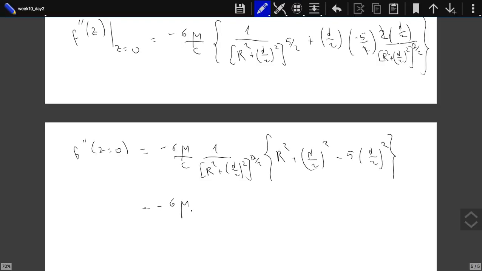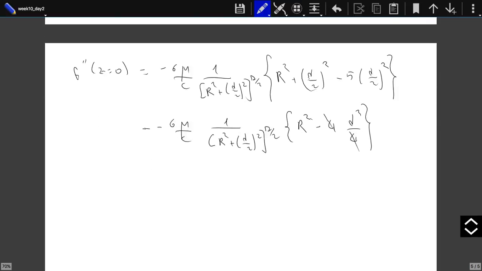This is minus 6 mu over c, 1 over (r squared plus d over 2 squared) to the power 7 halves, times (r squared minus 4 d squared over 4). They cancel, and this tells me that f double prime of z at z equal to 0 is 0 if r is equal to d.